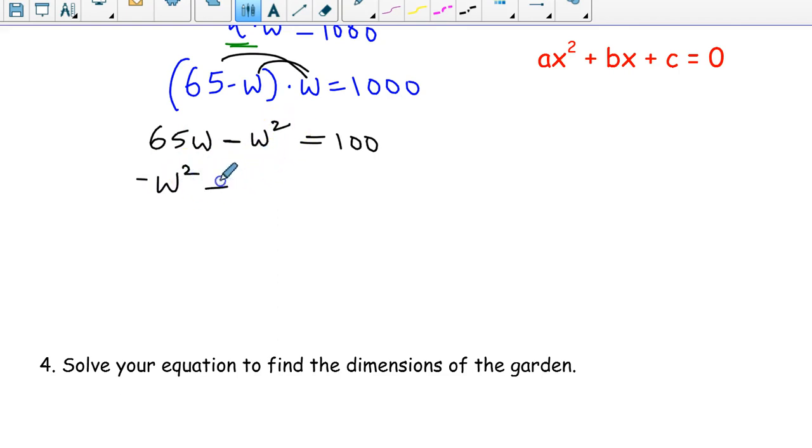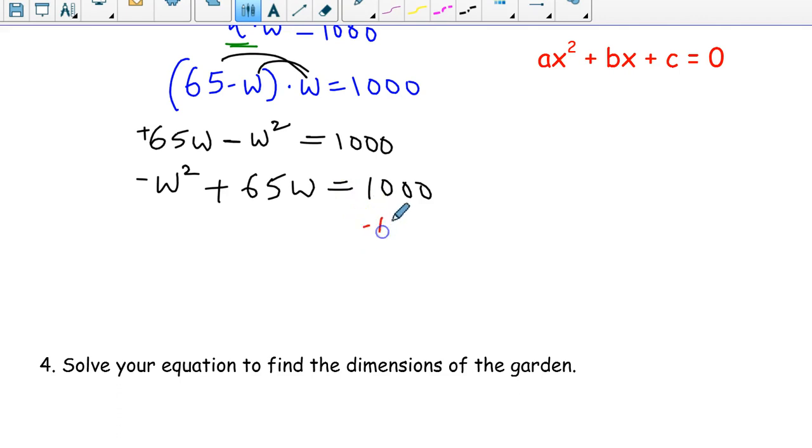W square plus 65W. This W has a negative sign. Beside W you have a minus, so I wrote a negative sign there. And this is plus 65W. So you have plus 65W is equal to 1000. Sorry, it is 1000. I don't know why I wrote 100 there.